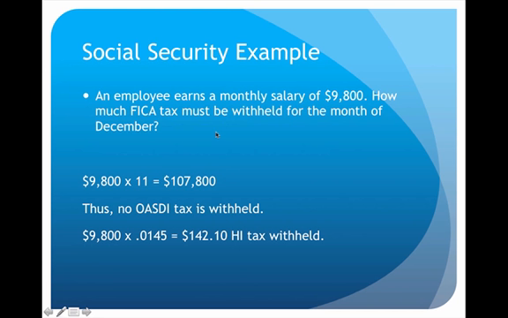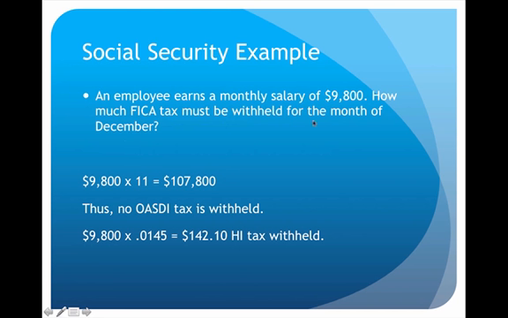Now in this Social Security example, we have an employee who earns a monthly salary of $9,800. The question is, how much FICA tax must be withheld? And that includes both OASDI and HI. Well, before we calculate that, the first thing we want to do is double check and make sure that we're not going above the cap. Remember, you don't ever take the OASDI taxes above that cap. In this case, they're wanting to know this for the month of December.